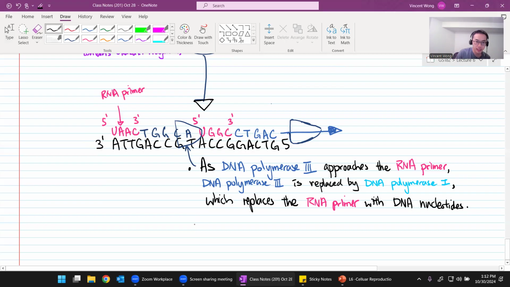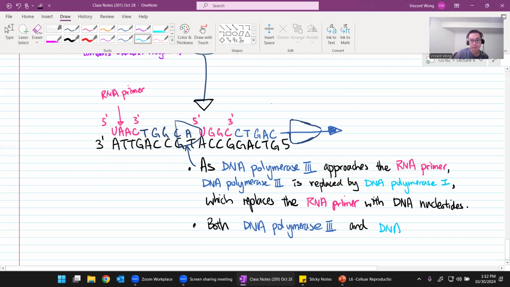Now I'm gonna add an extra note here. Both DNA polymerase 3 and DNA polymerase 1 have spell checking.